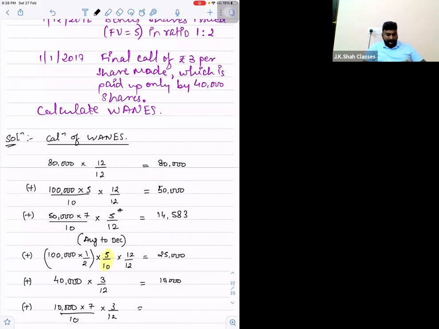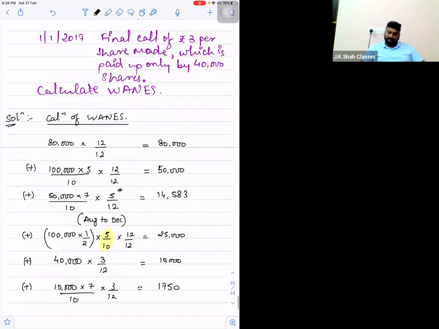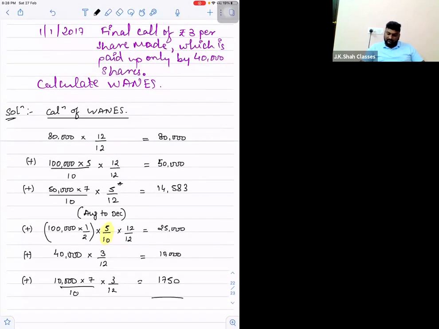So this comes to 10,000 divided by 10 into 7 into 3/12. 1750 shares. So the final answer comes to 1,81,333 shares. This is your answer.